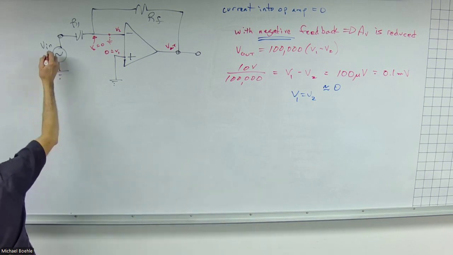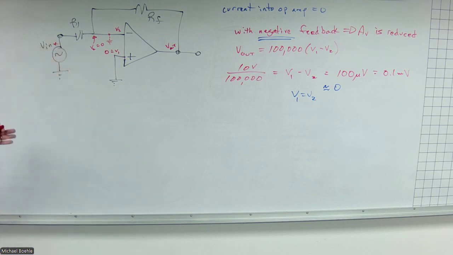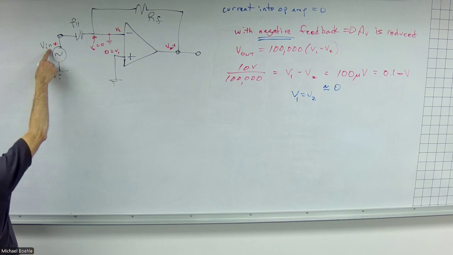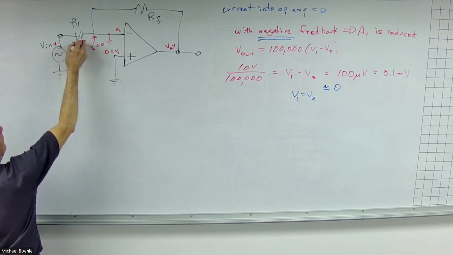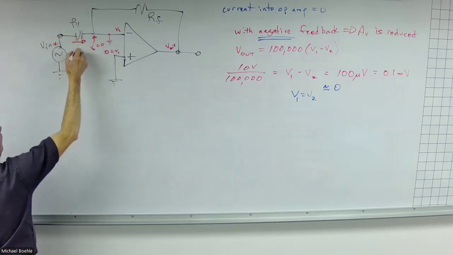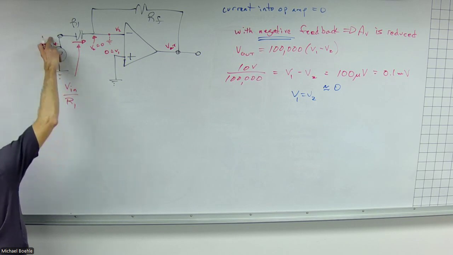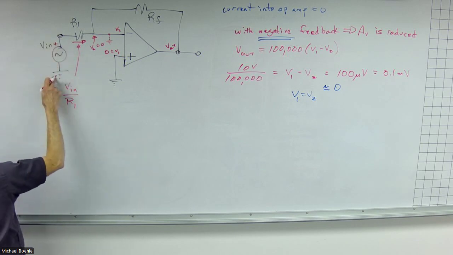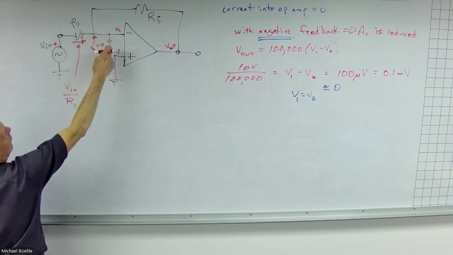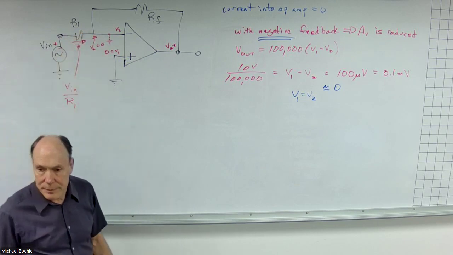So that means that my Vn coming in here, and I do have this as a sinusoidal signal, it could be DC, whatever it is, but I always have a reference. So if I assume that's my reference, that's going to create a current Vn divided by R1. Because this is Vn with respect to ground, and this side of R1 is virtually connected to ground, all that voltage is across R1, and that is my current.